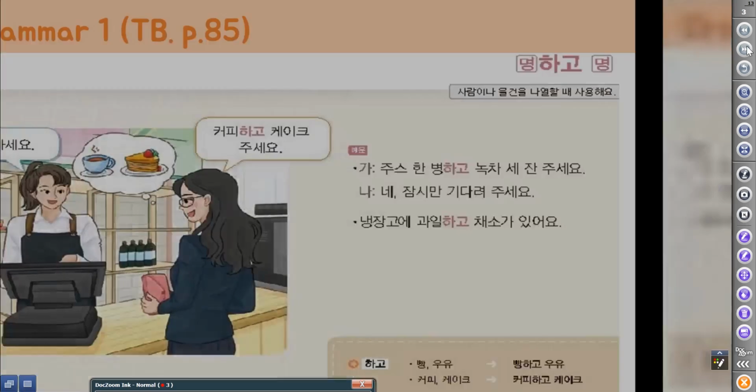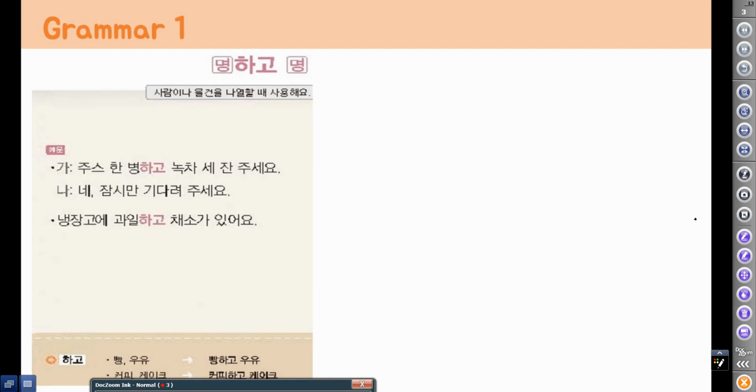Okay. So here, the conjugation is very simple. Regardless of how the noun ends, whether it ends in a consonant or a vowel, it doesn't really matter. All you need to do is add 하고 to a noun.